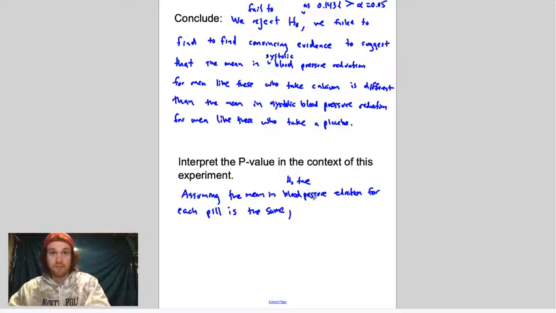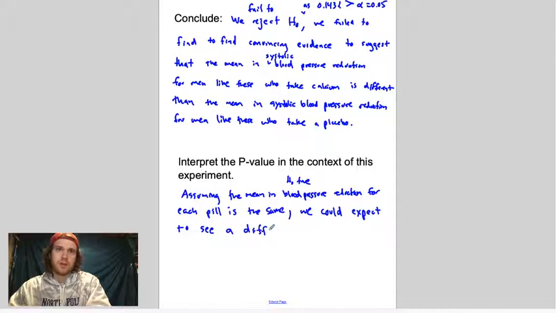Okay, so we're going to say we could expect to see a difference. Now I got to be very specific here. That is calcium minus placebo, since this was two-tailed, or placebo minus calcium. The reason I have to do that is because it's two-tailed. You have to say both.